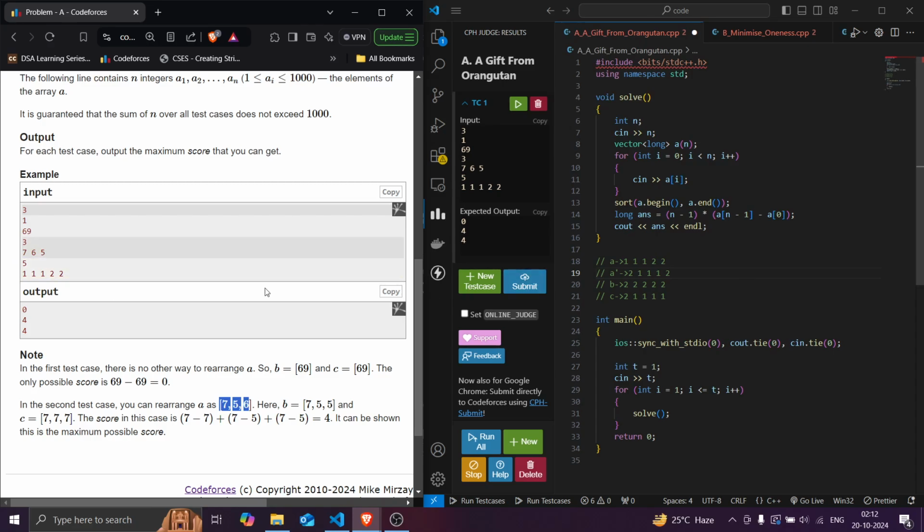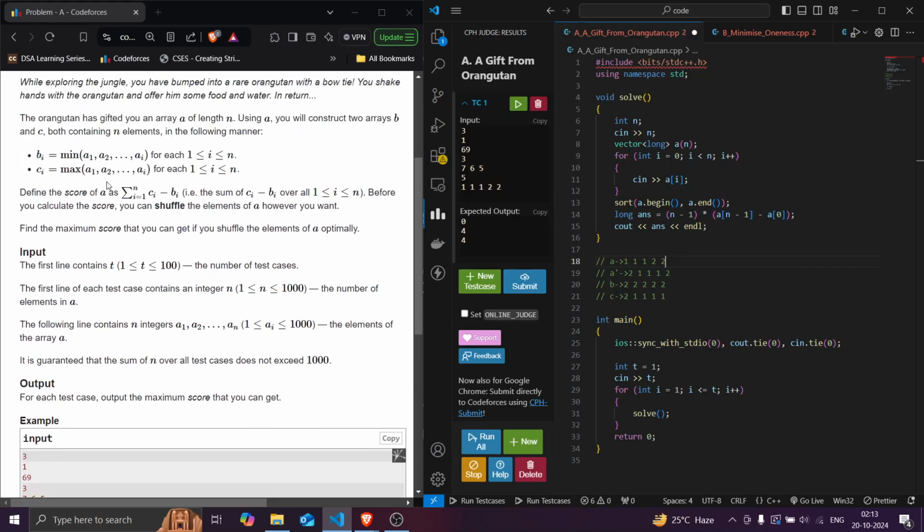Again we will see one more observation about C. They have not given the explanation here, but this is how the optimal should look. So this is A, it is 1 1 1 2 2. Optimally, since we have to maximize the difference, we want our C to always be the maximum.